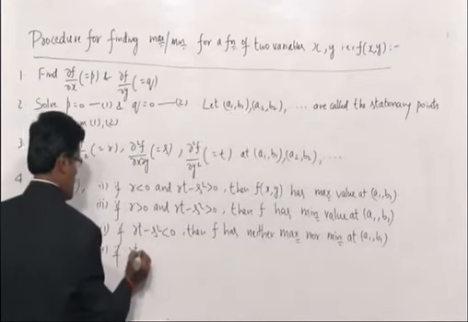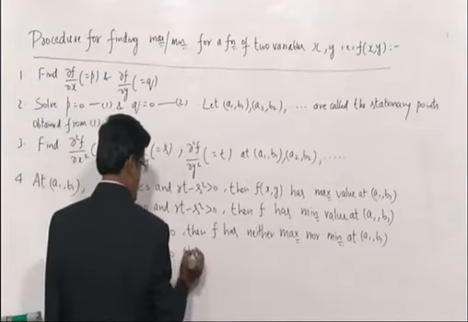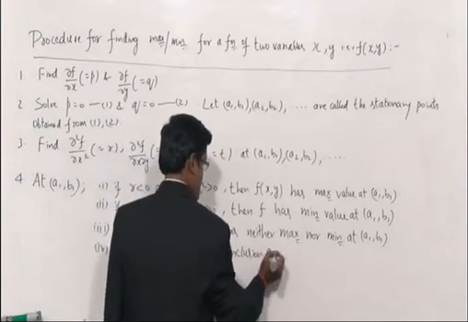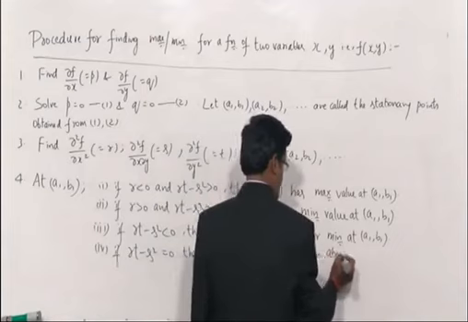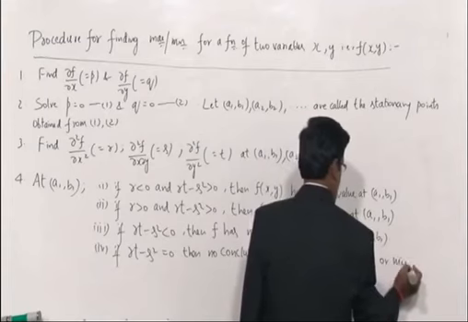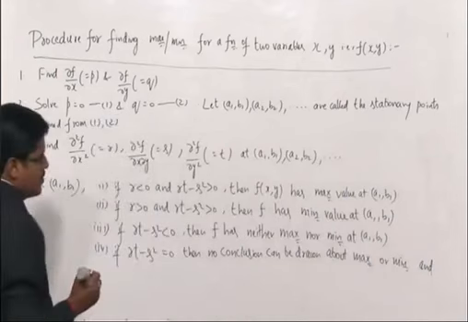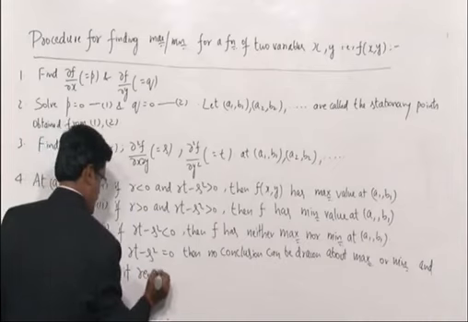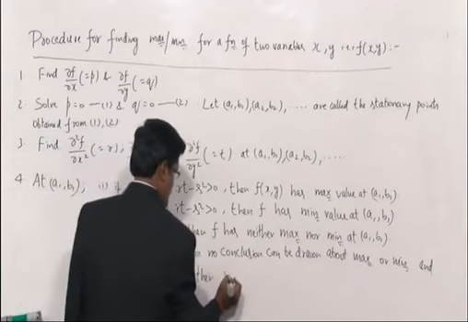If rt minus s square is equal to 0, then no conclusion can be drawn about maximum or minimum, and it requires further investigation.